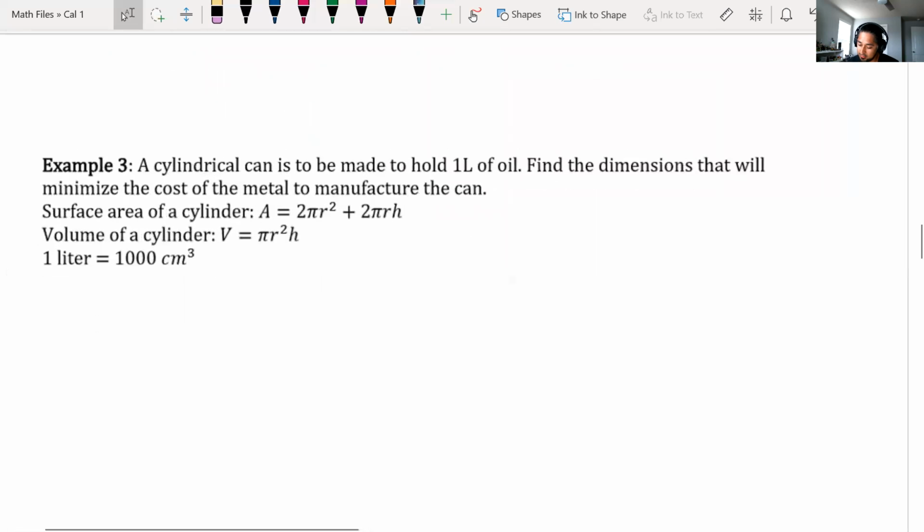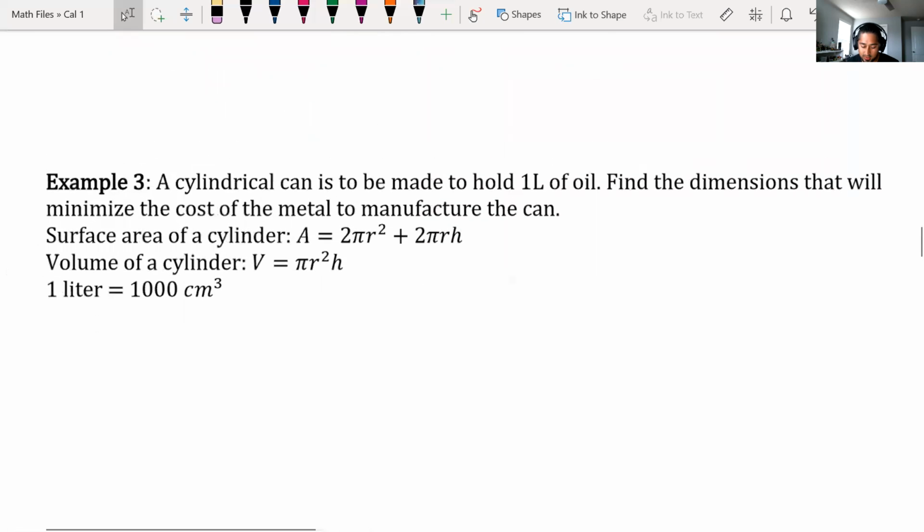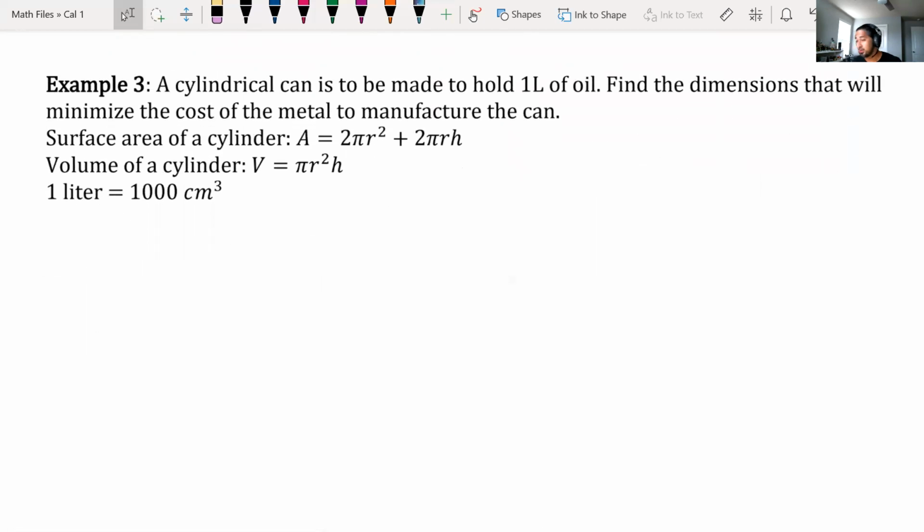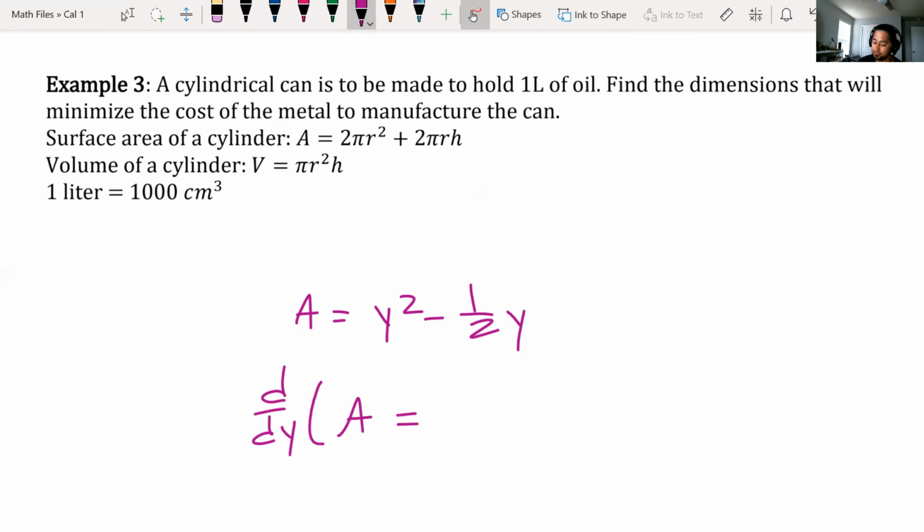What'd I do? Oh, you just flipped the variables, but it doesn't really matter. See, same thing. What's cool about optimization is that you don't have to put it all in terms of X. You can put it all in terms of Y and you'll get the same result. If your equation is all in terms of Y, let's say it was area equaled Y squared minus 1/2 Y, then you would take the derivative with respect to Y on both sides.